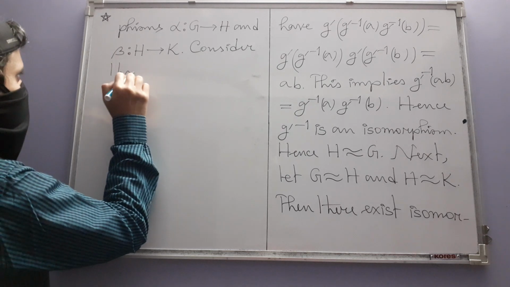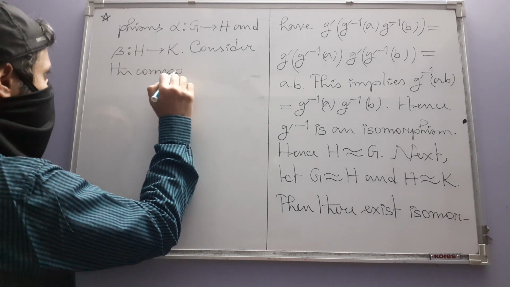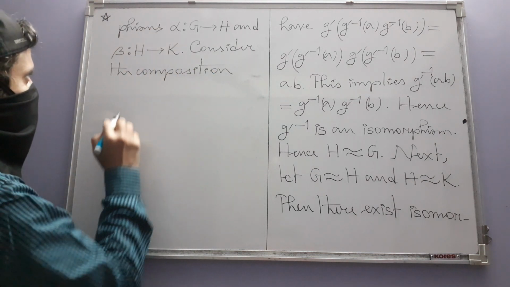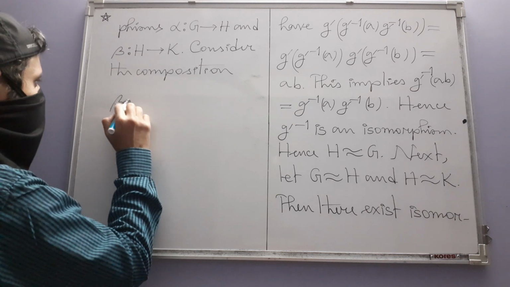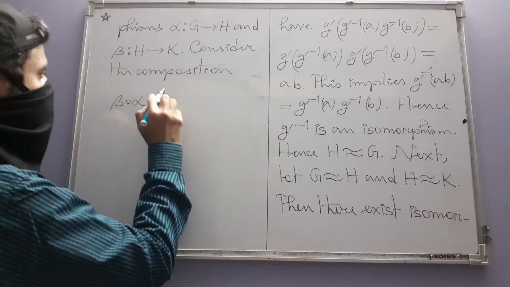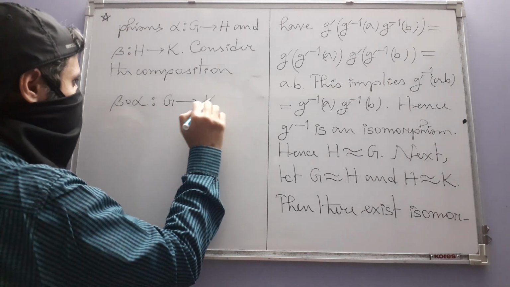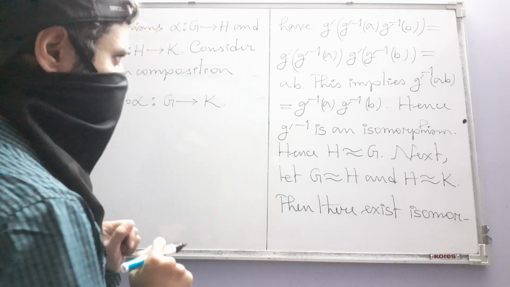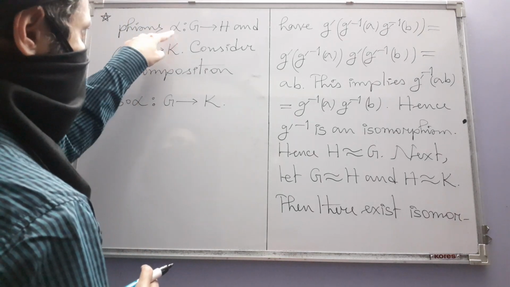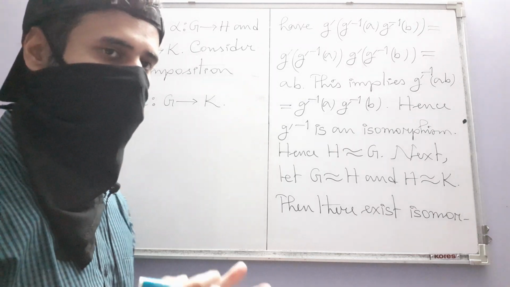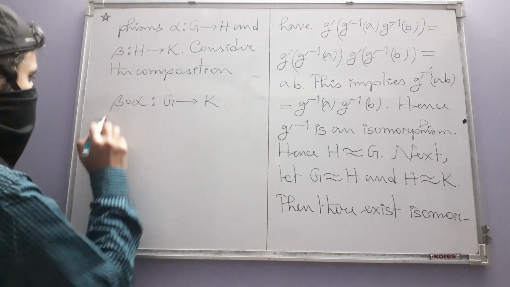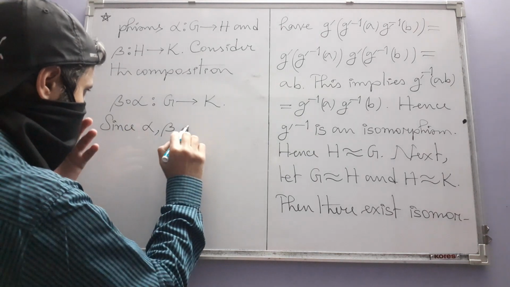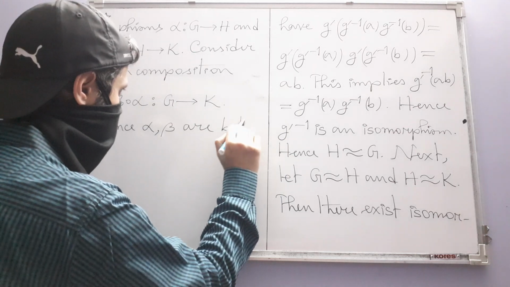Consider the composition of alpha and beta, which maps G into K. Now from the properties of compositions of mappings, we know that since alpha and beta are both bijections, so their composition is also a bijection.